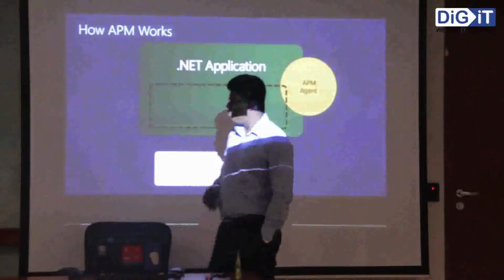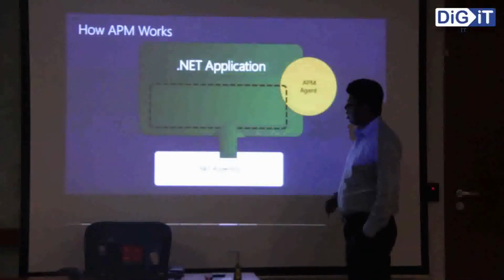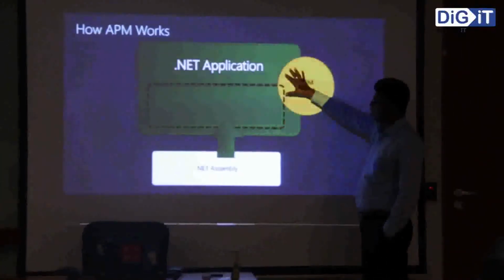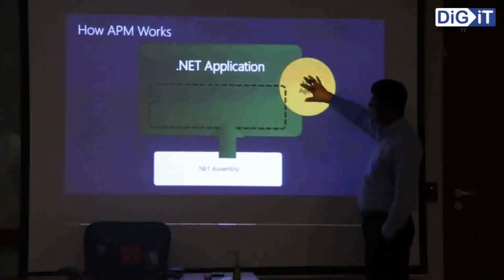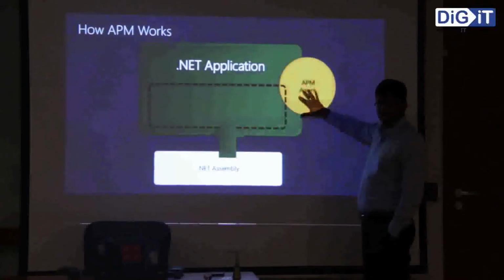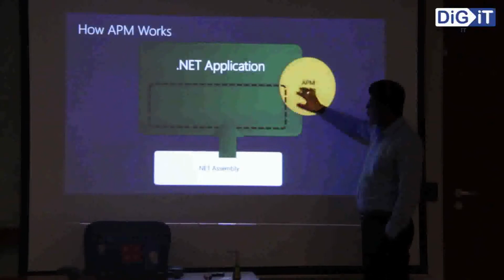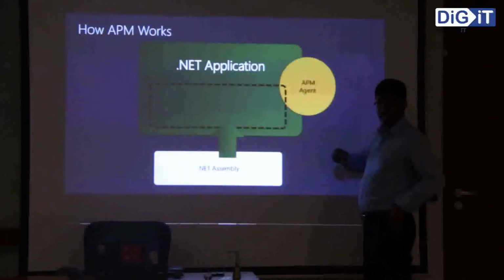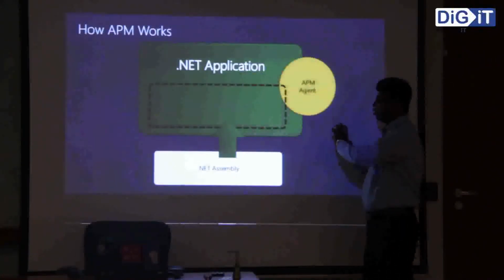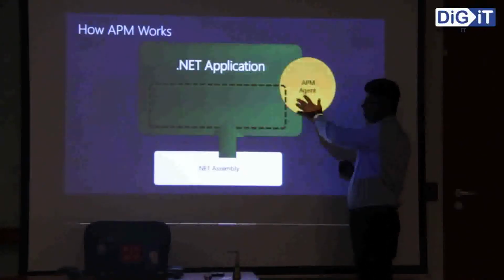So this is how APM works. Let's say you have a .NET based application. We put the APM agent, basically the SCOM agent, on that particular machine. It then uses the rules or commands in the management pack. It's predefined, you don't have to write anything. Everything is written earlier.